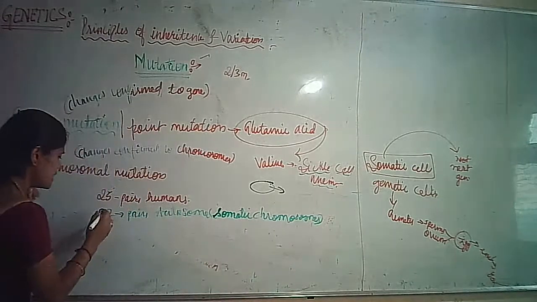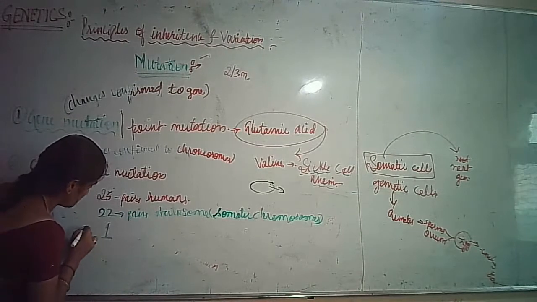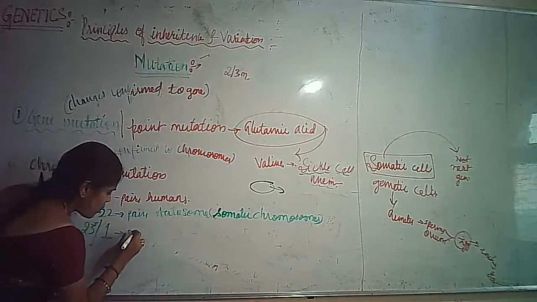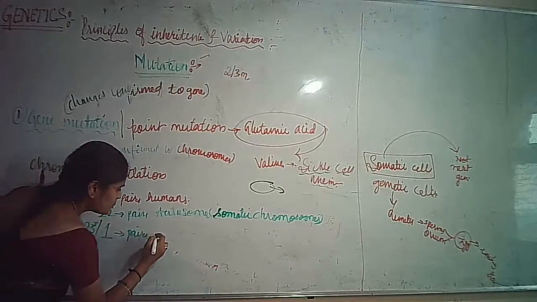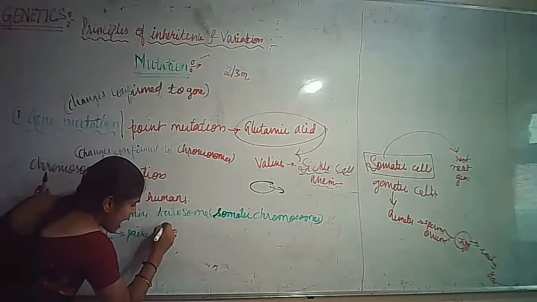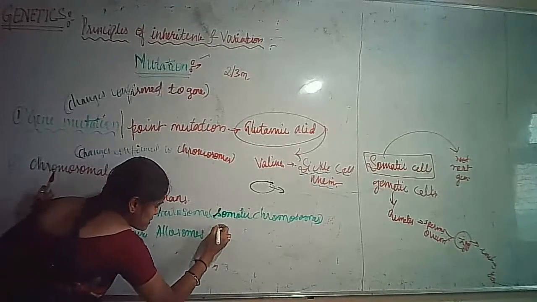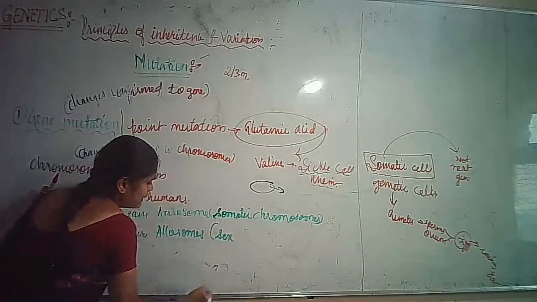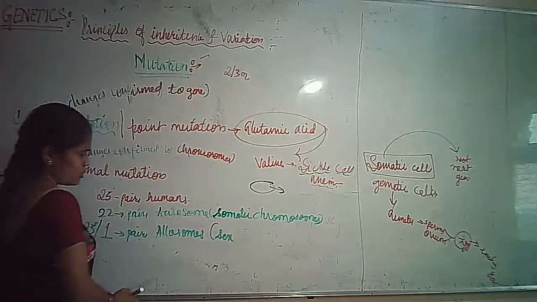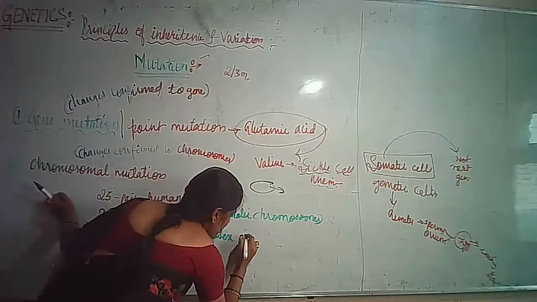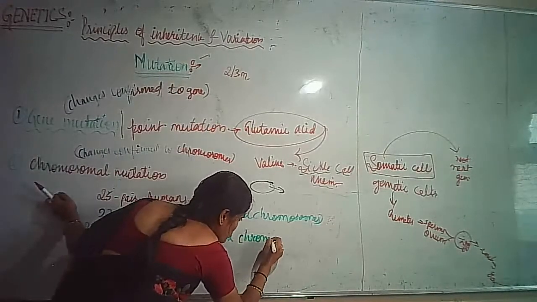The one pair, that is the 23rd pair, is called the allosome. This pair is responsible for determining the sex of the organism, so it is called the sex chromosome.